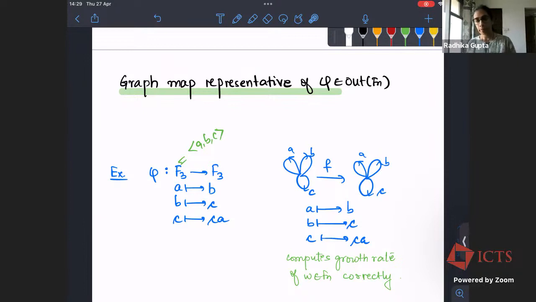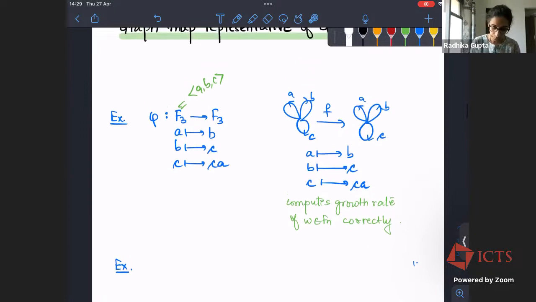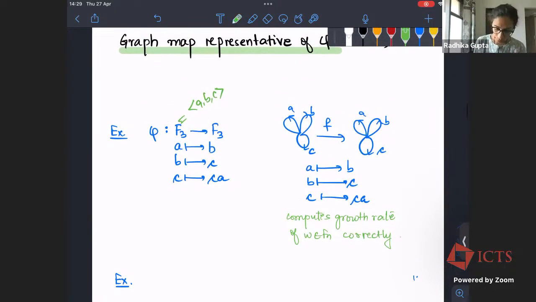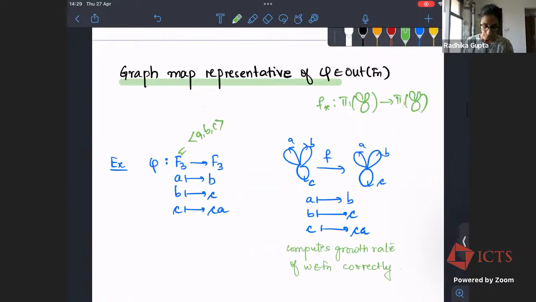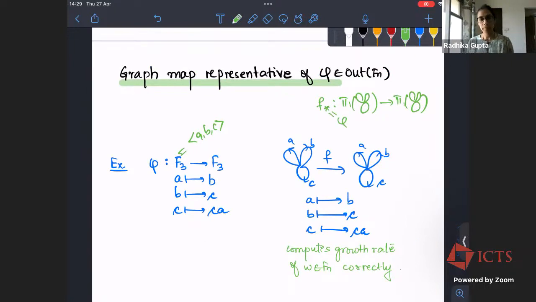So this is a graph map representative. Why am I calling it that? Because if I look at the map induced by F on the fundamental group pi1, I exactly get phi. So it's a graph map whose induced map on the fundamental group is the automorphism I started with. So it's called a graph map representative.